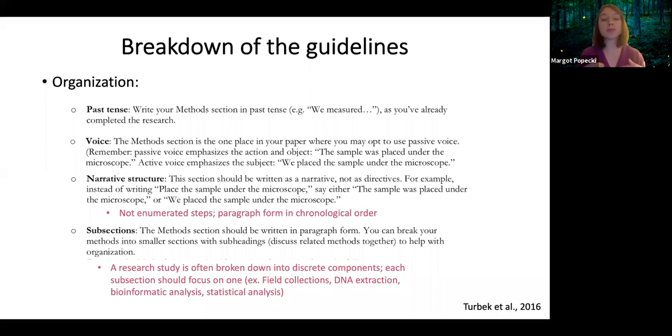For example, in my project, I have a field component, lab, and bioinformatics components. Each subheader will delineate one of those components, and I will go into detail describing what I did for each. This really helps the reader follow what you did and also understand all the details that went into each component.